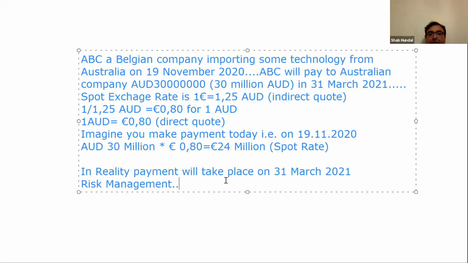The same thing happens in finance also. It could be possible that on 31st March 2021, $1 is equal to 70 cents in euro, 0.70 euro, or even less. But it can also be possible that on 31st March 2021, this is not 0.80, but 1.80. You know what?